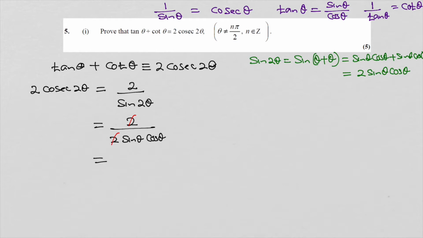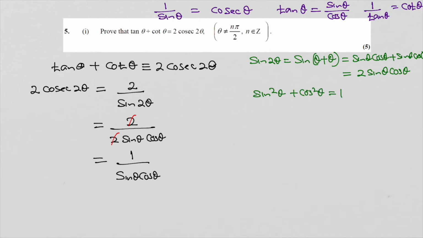then I get 1 over sine theta cos theta. But also I'd like you to remember the fundamental identity that says sine squared theta plus cos squared theta equals 1.